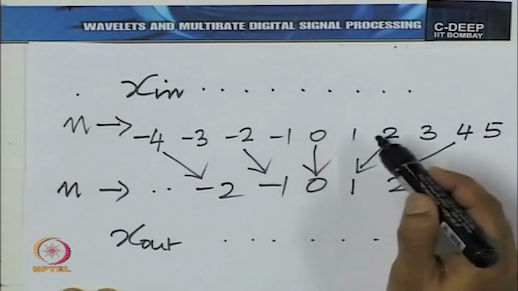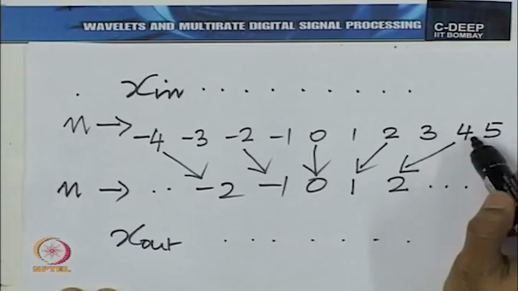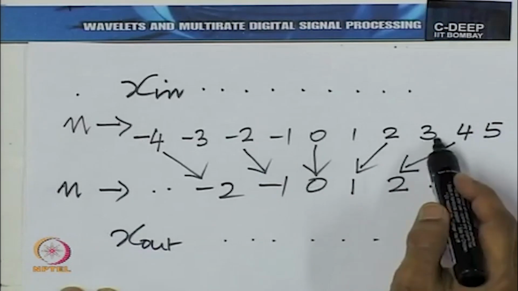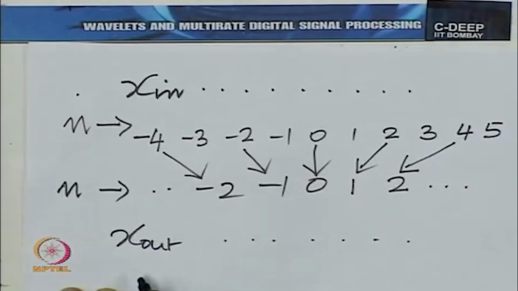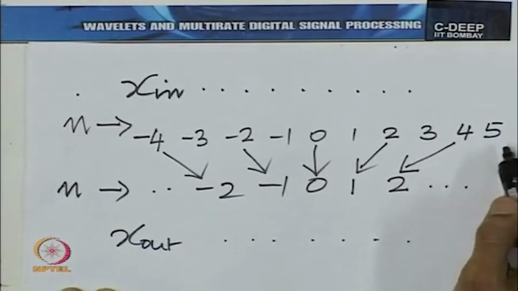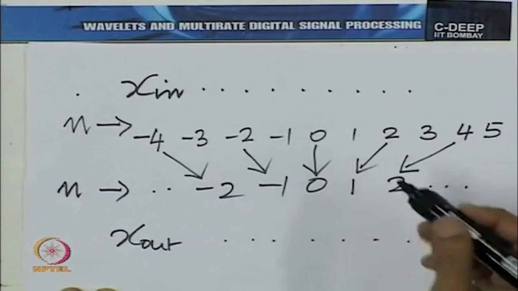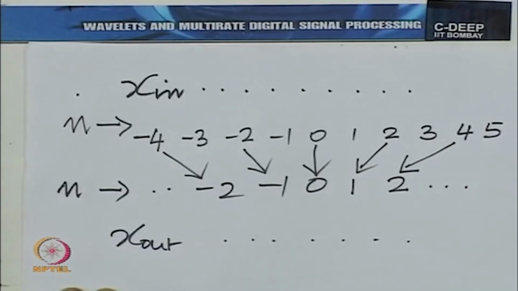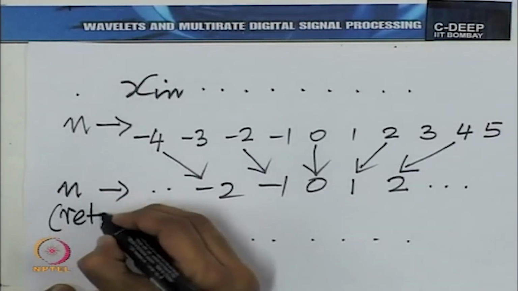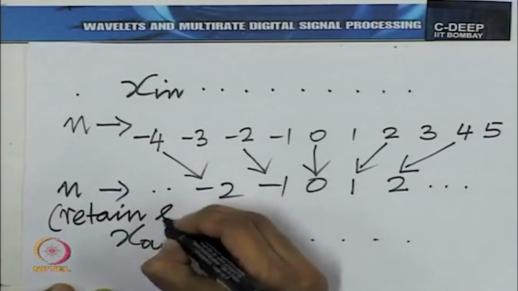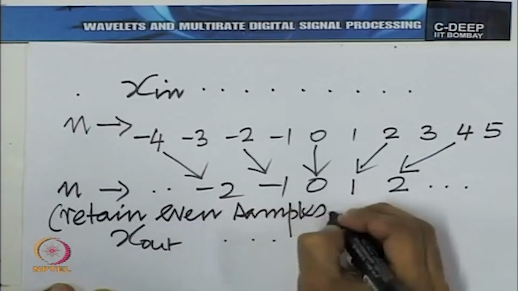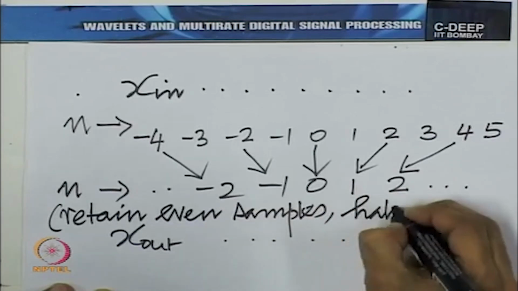You are retaining the samples at the even locations and throwing away the samples at the odd locations. Not only that, after retaining the samples at the even locations, you are putting those samples at half the location number. So, let us summarize this. Retain even samples, halve the location number.